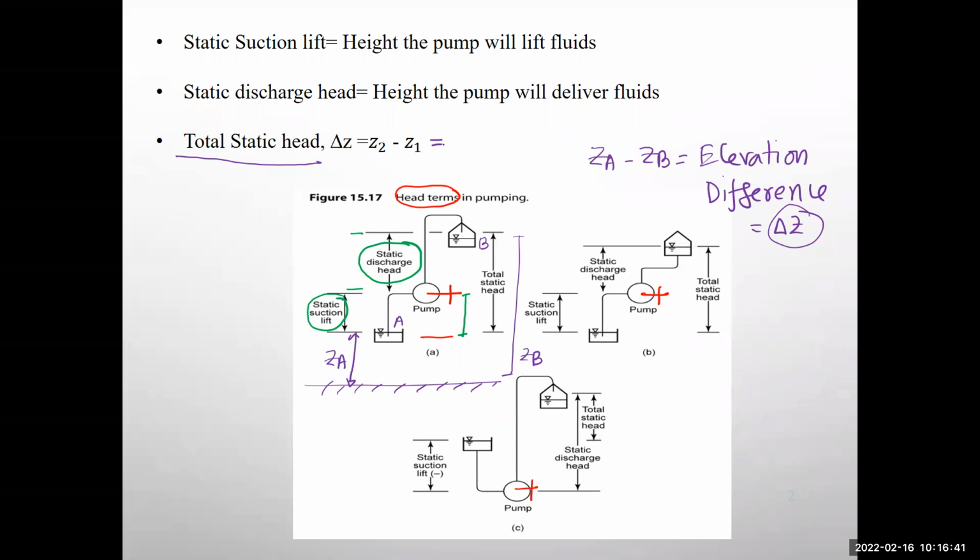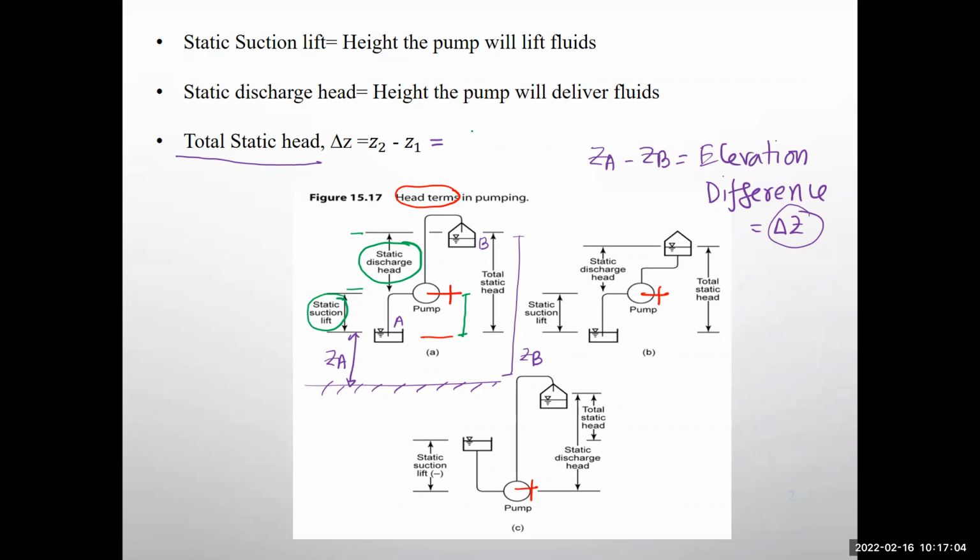And if you look at all the setup here, total static head is actually the summation of what? Static suction lift and the static discharge head. Correct. So total static head is the total difference between 2 points, from where the pump will get water and where it will deliver.